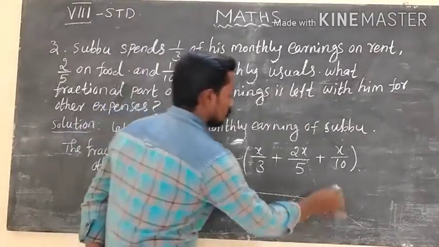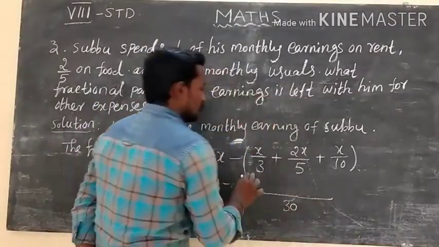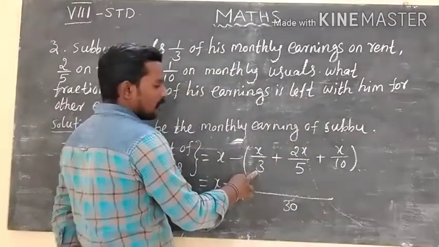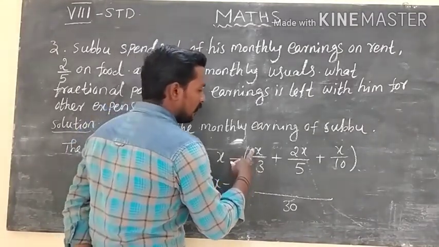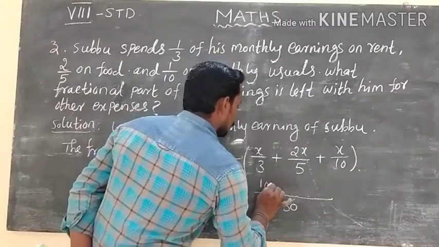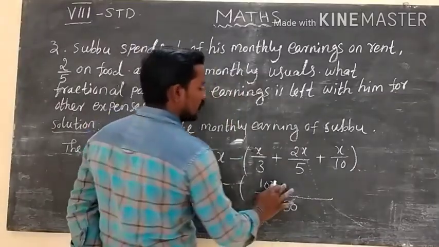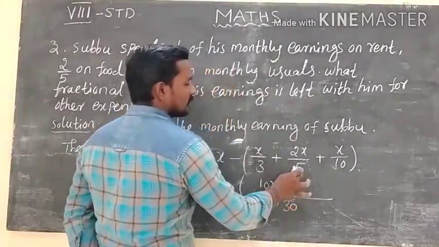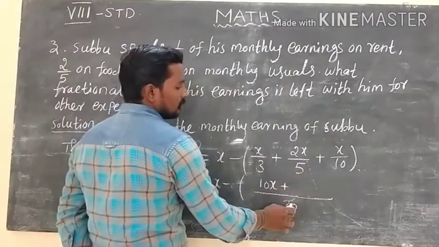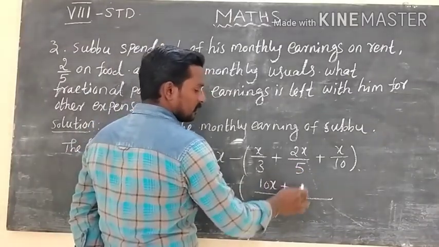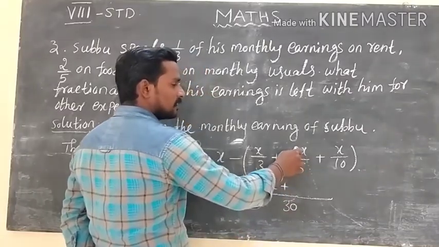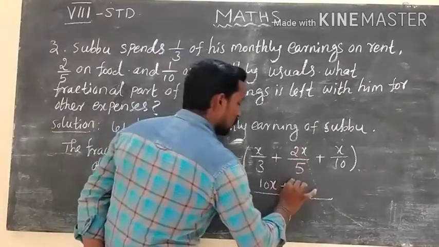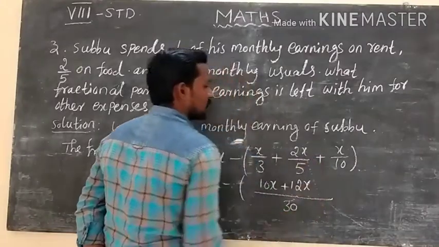The LCM of 3, 5 and 10 is 30. This 3 we multiply by 10 to get 30, so the numerator also gets multiplied by 10: 10x. Then 5 multiplied by 6 is 30, so here also we multiply by 6: 6 twos are 12, 12 into x, 12x.